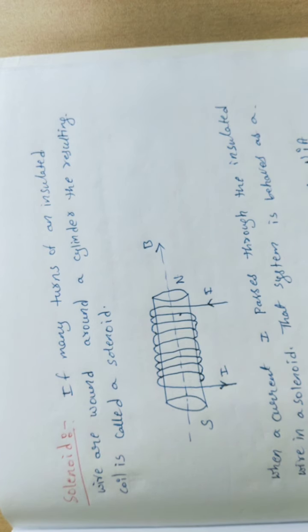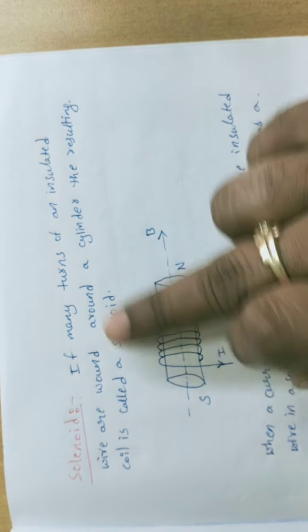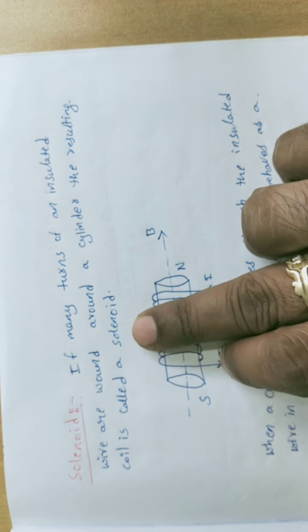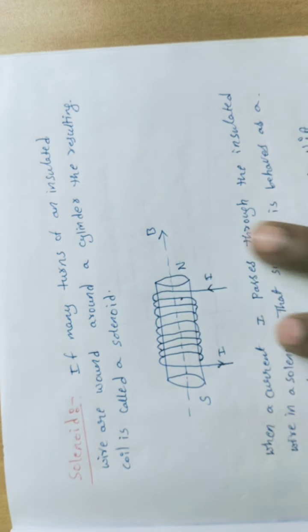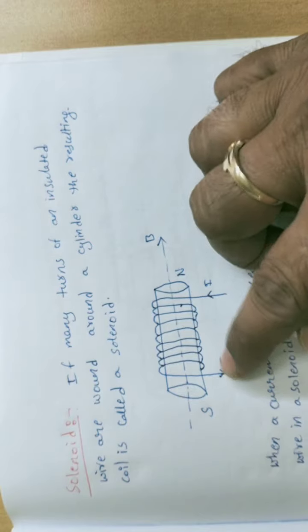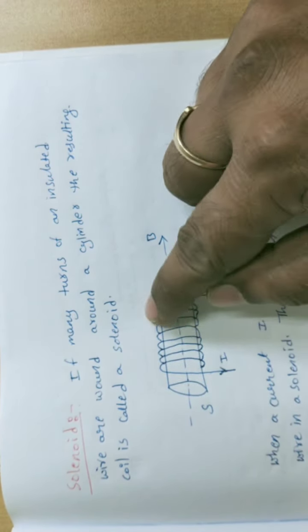See students, here is one statement: if many turns of an insulated wire are wound around a cylinder, the resulting coil is called a solenoid. This is the general statement. Think of this as one cylinder, on which we continuously wind one insulating wire.